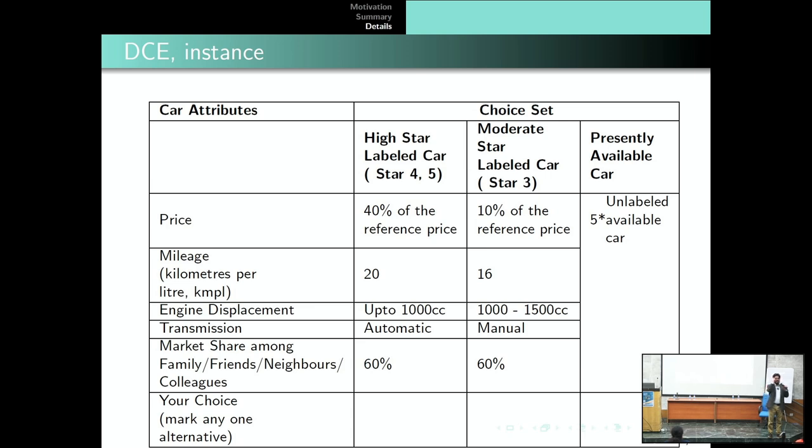Think about it, because that should be collinear. The best mileage should be associated with the best label. But we broke that collinearity artificially with our design. That is something that you have to be very aware always. How do I break with the collinearity in my design?